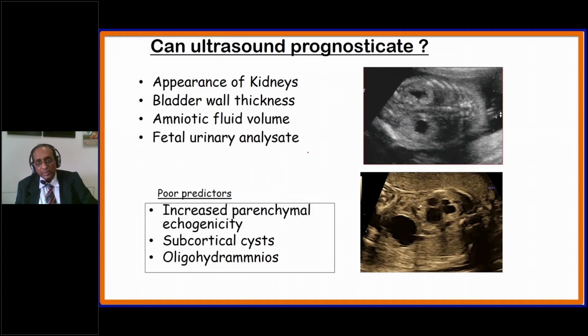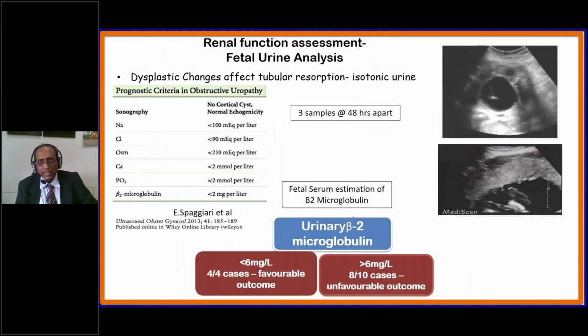So the ultrasound prognostication of renal function is by the appearance of the kidneys, where an echogenic cortex or the presence of cortical cysts tells you that obstructive dysplasia is present. Then the bladder wall thickness, a very markedly thickened bladder wall, and also amniotic fluid volume. And finally, we can look at urinary function by urinary analysis.